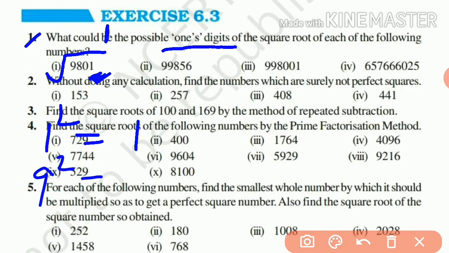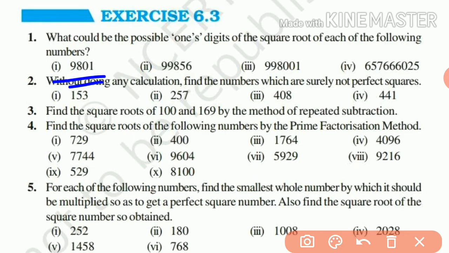And the square of 9 is 81, the unit place of this is 1, and here it is 1, so the square root of this number may end in 9. In this way we can say that the unit place of the square root of 9801 may be 1 or 9. So the answer for this question is 1 and 9.